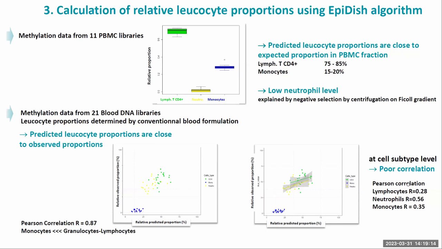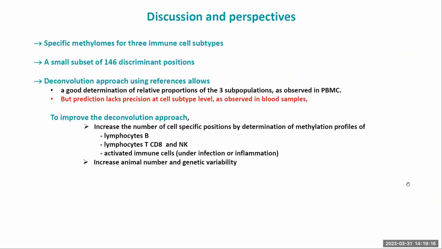In conclusion, we have specific methylomes for three immune cell subtypes. We have identified a small subset of 146 discriminant positions, and the deconvolution approach using references allows a good determination of the relative proportions of the three subpopulations, as observed in PBMC.